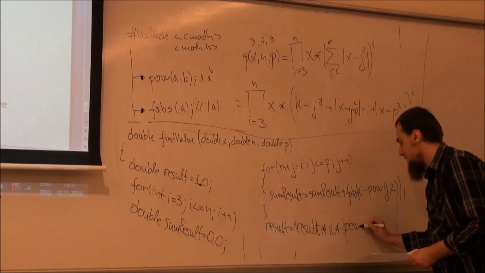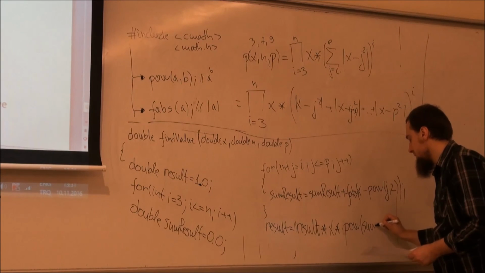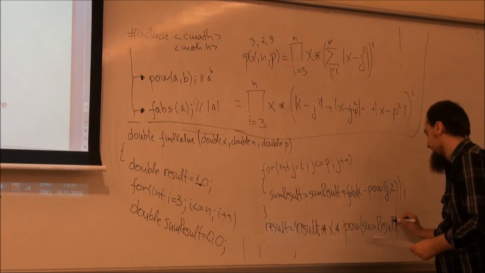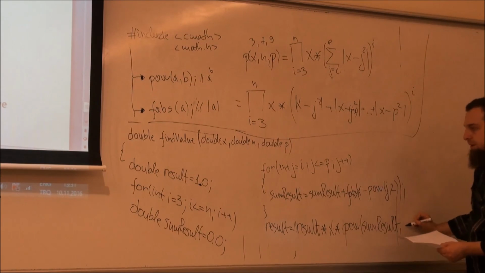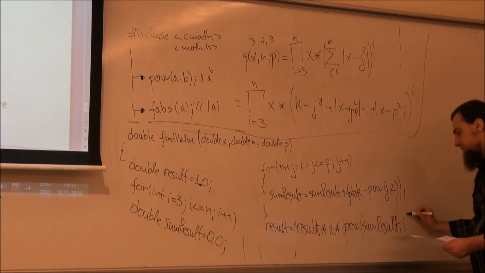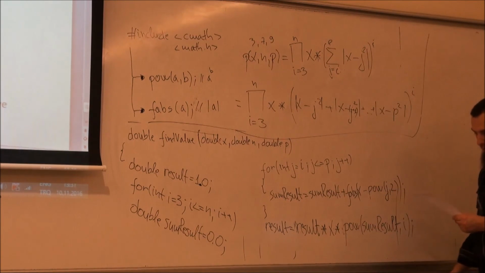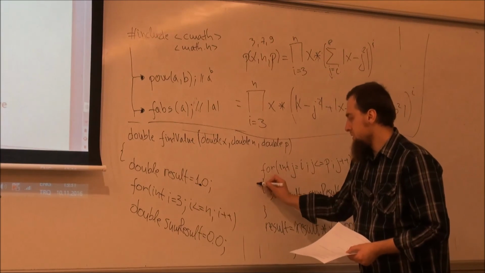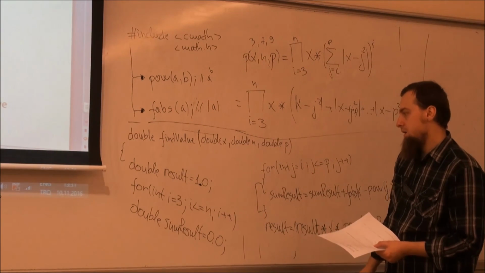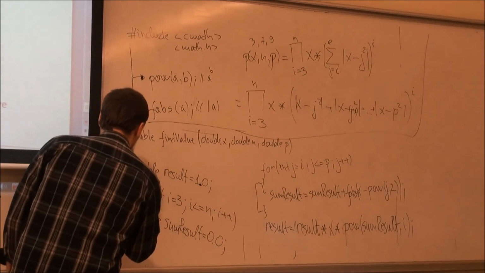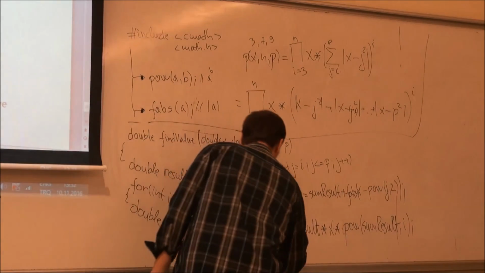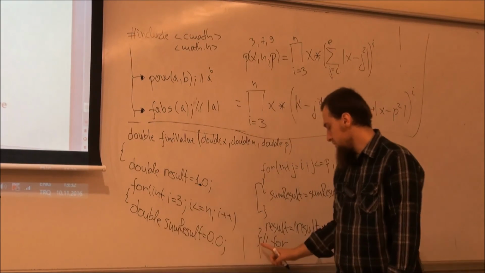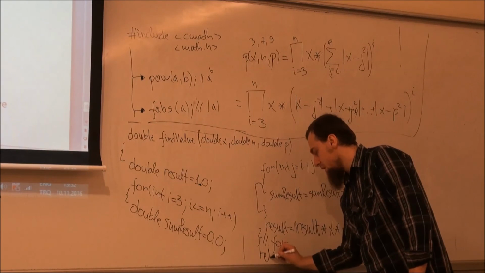So power of sum result to the power of i. Okay, this is it. This is for the second for, and we return the result.